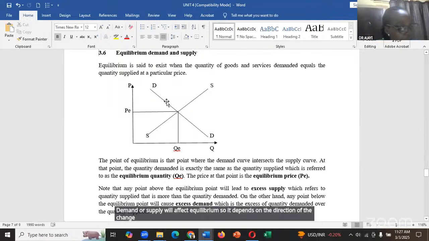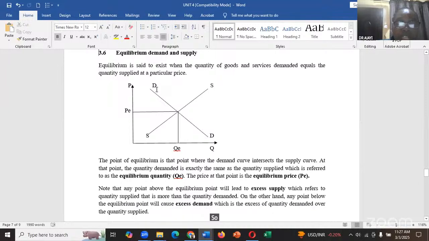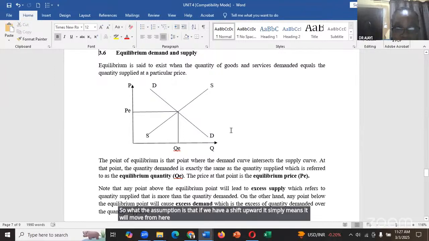If you have a shift in demand from the initial one, it can shift up, it can shift down. But the assumption is that if we have a shift upward, it simply means it will move from here to somewhere here. With such movement, we have higher price and higher quantity, and the equilibrium point will also change.